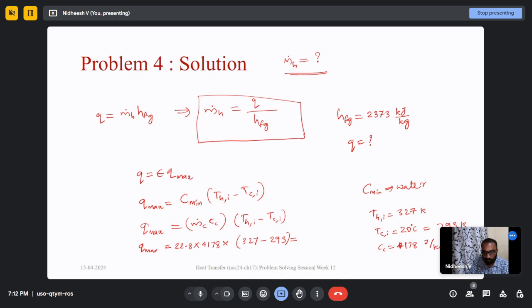So we will get Q max to be 3238.785 kilowatts.